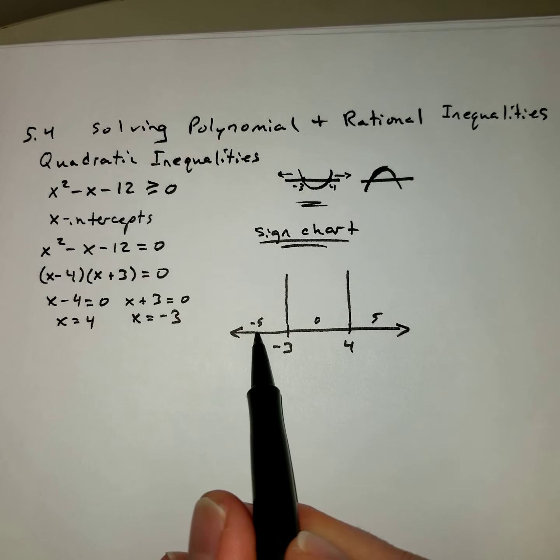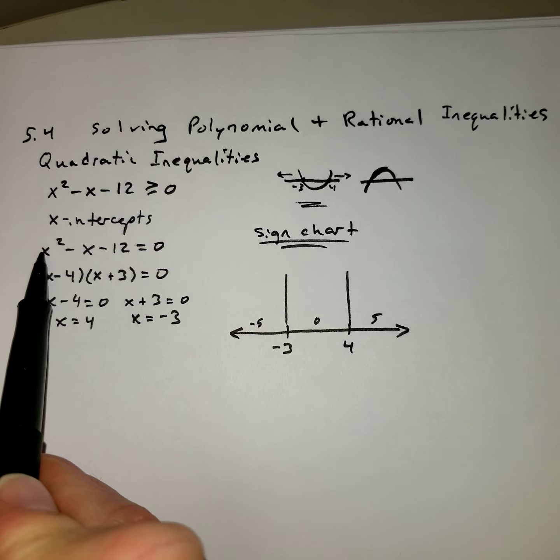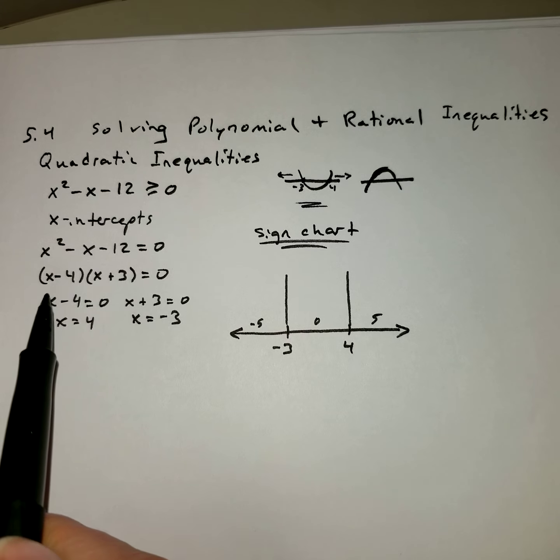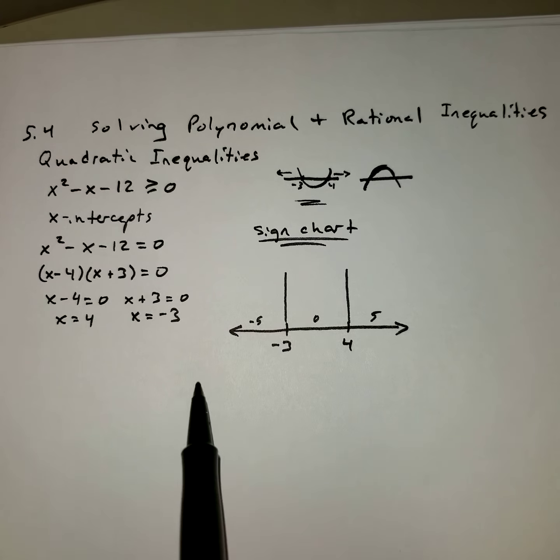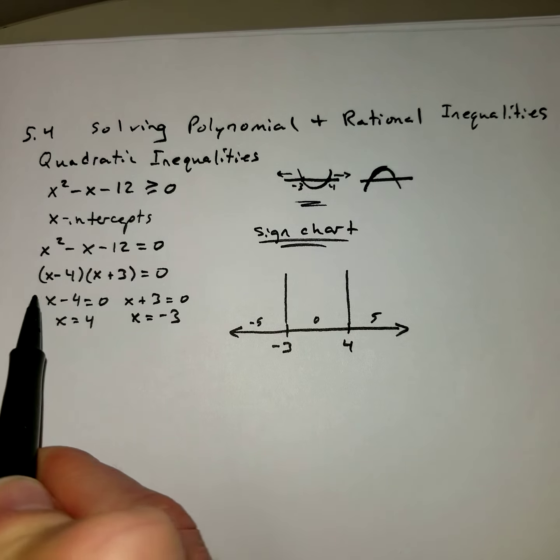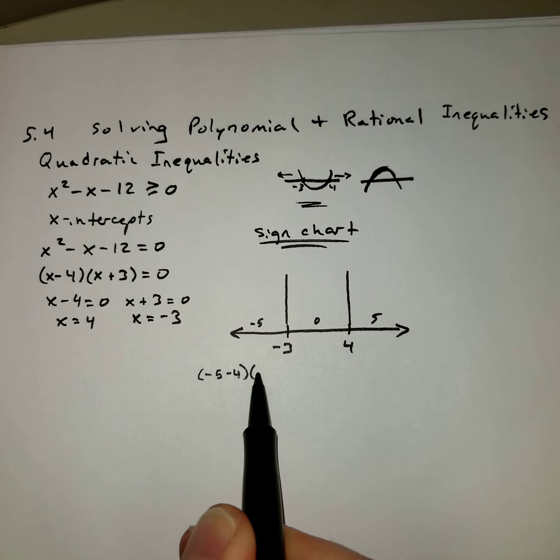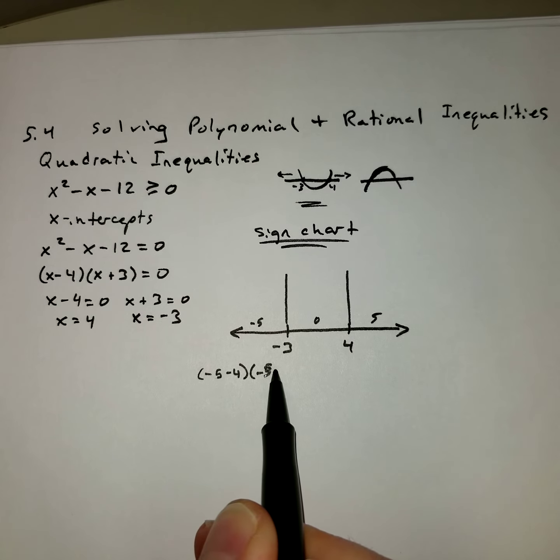And so I'm going to plug these in, and you can plug them into either the original or the factored form. It doesn't matter. I'm going to go to the factored form because it makes the arithmetic kind of nice. So I'm going to plug that negative 5 in for the x's. You get negative 5 minus 4, and you get negative 5 plus 3.